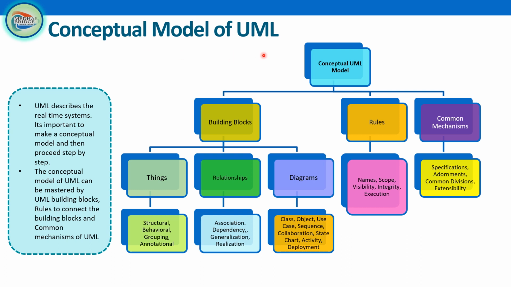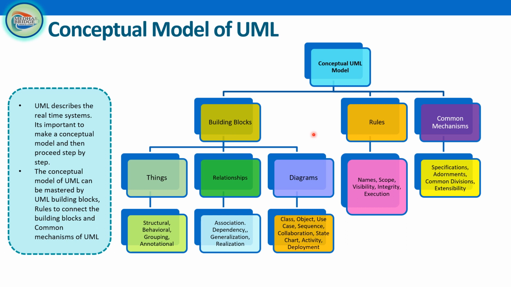Conceptual model of UML. UML describes real-time systems. It is important to make a conceptual model and then proceed step by step. A conceptual model of UML can be mastered through UML building blocks, rules to connect the building blocks, and common mechanisms of UML. Let's look at a conceptual UML model.